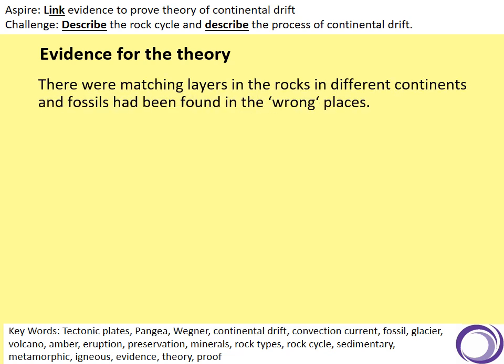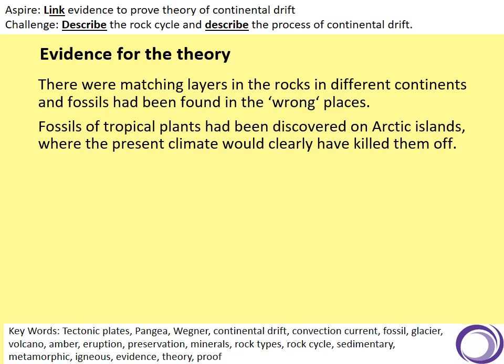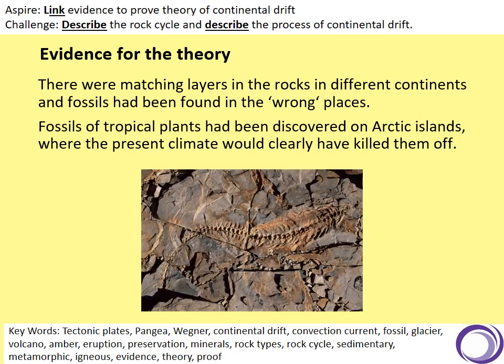So they were matching layers of rocks in different continents, and he also found evidence of fossils that appeared to be in what we would now consider the wrong places. And one example of this was tropical plants that had been found as fossils on Arctic islands, where the present very cold climate would clearly have killed them off, and therefore they wouldn't have been able to survive there. And there were other examples of this.